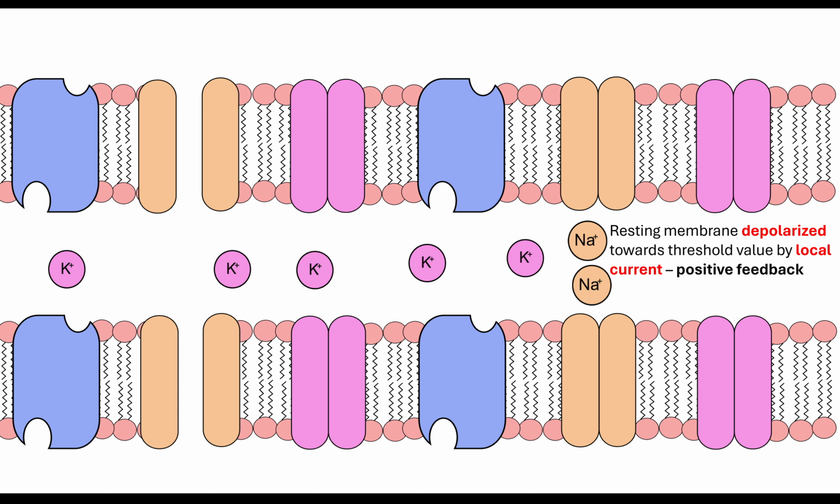That means the resting membrane further down the axon is going to depolarize towards its threshold value, and that's called a local current. It's a way of positive feedback, because if we are moving those sodium ions down through the axon, that is going to make the membrane become more positive, moving towards that threshold value.